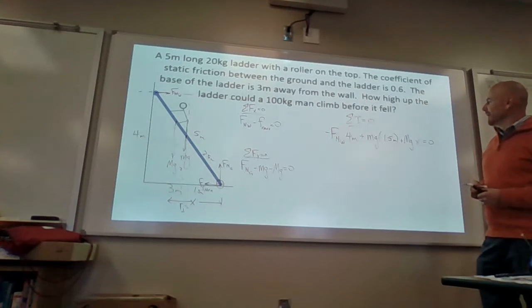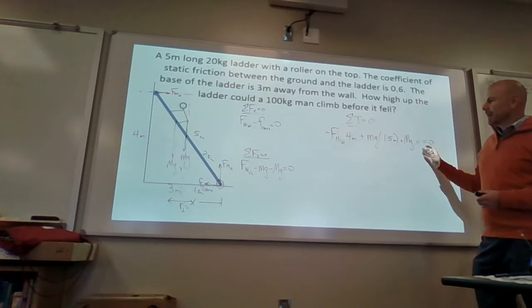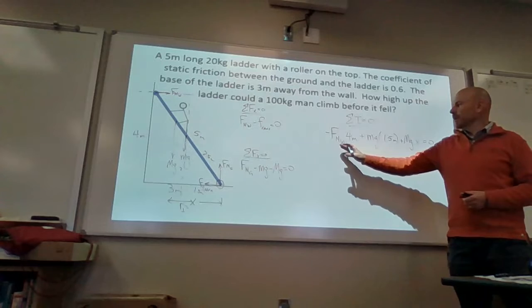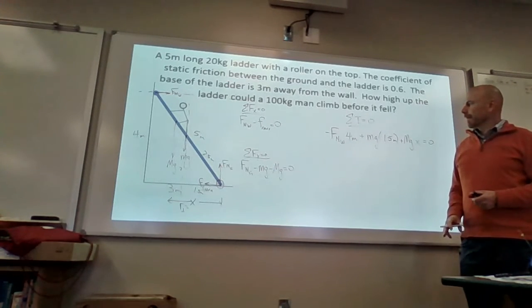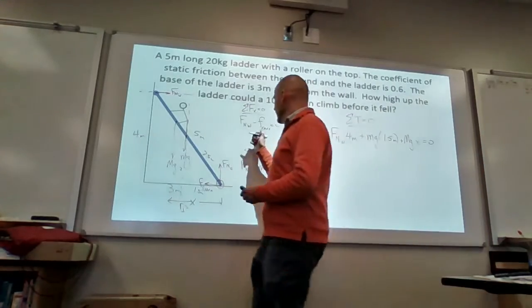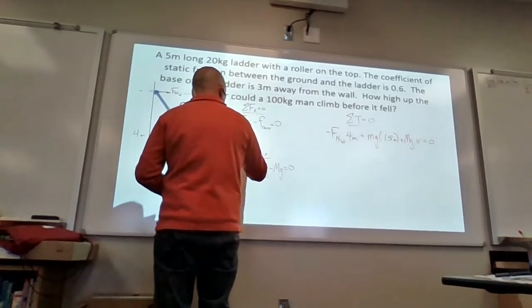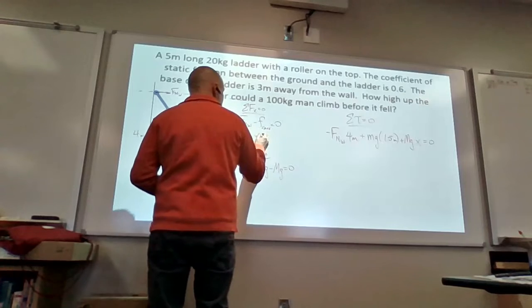All right, so here's our setup. I've got two unknowns. I don't know my normal force from the wall. So I look over here and I say normal force from the wall is equal to maximum static friction.